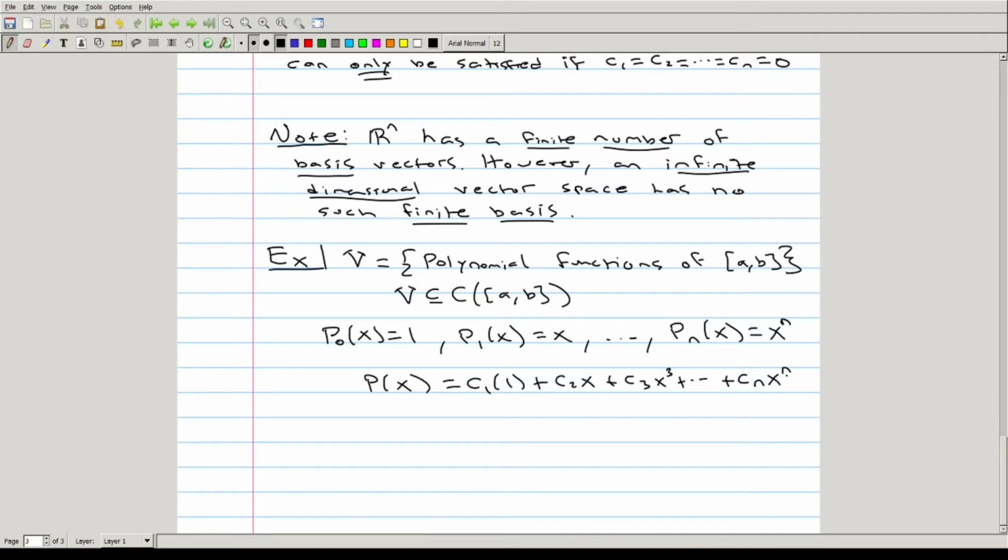But there are still more functions, and there are infinitely more functions in this vector space, because we're missing all of the polynomials that are of order higher than n.